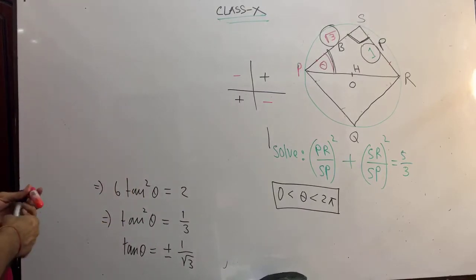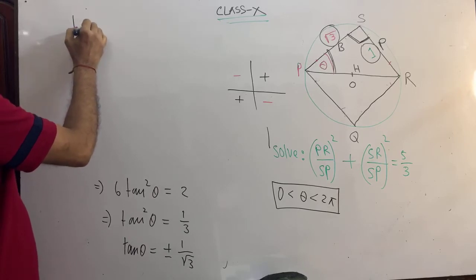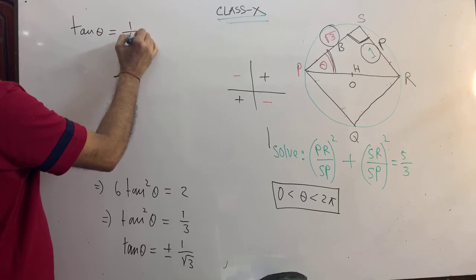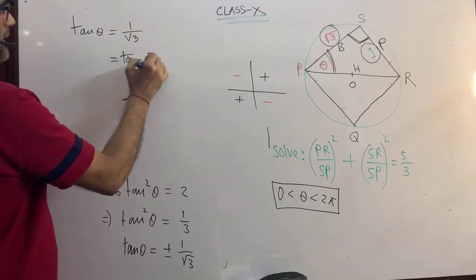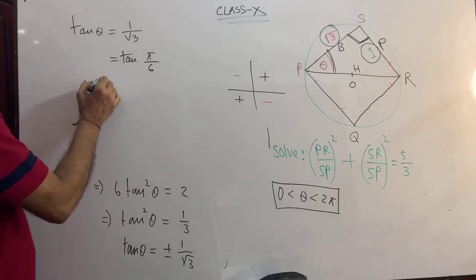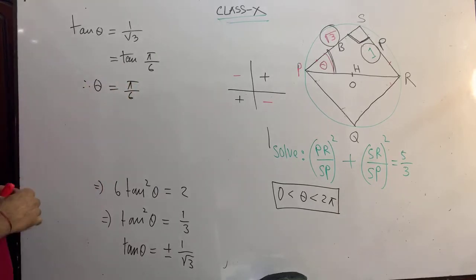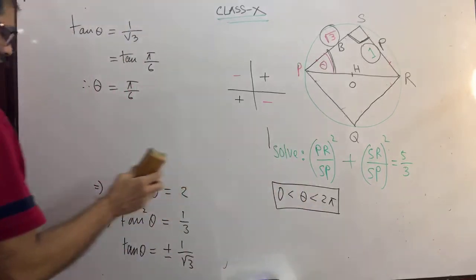Okay, now let's do tan theta equals 1 by root 3. You see, tan theta is equal to 1 by root 3. That means what? Tan pi by 6. Okay, tan 30 degree equals 1 by root over 3. Therefore theta equals pi by 6. What I have done, it is in the first quadrant. Let's go to the second quadrant.